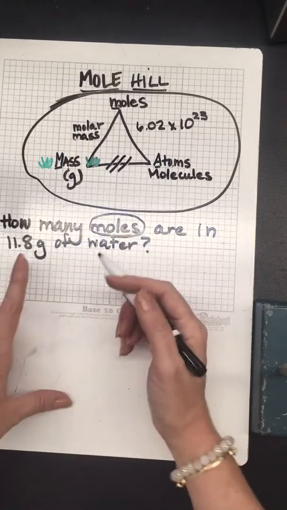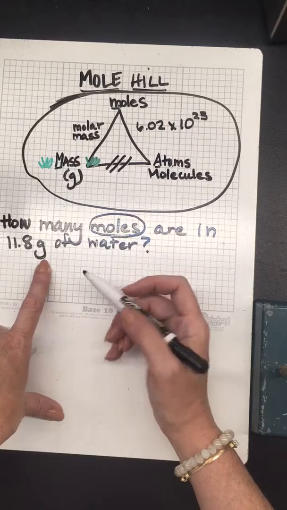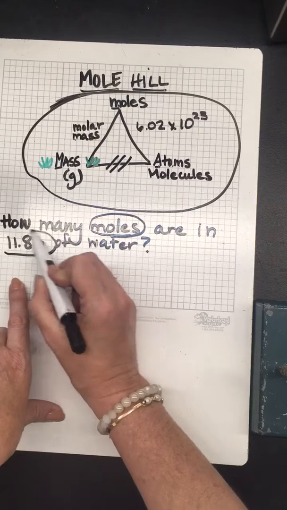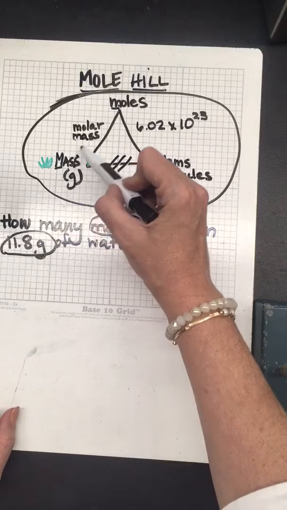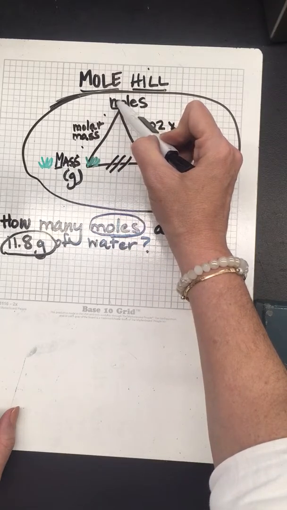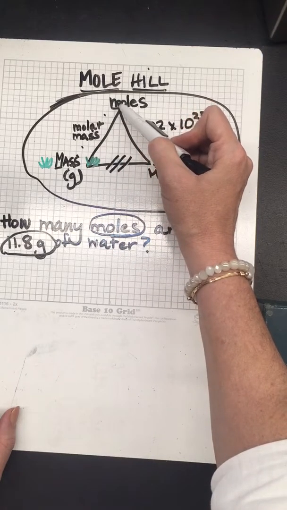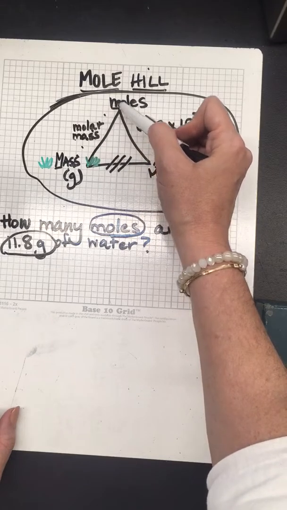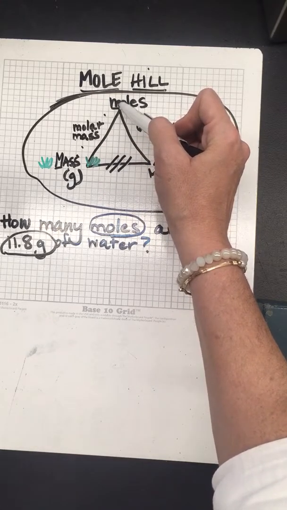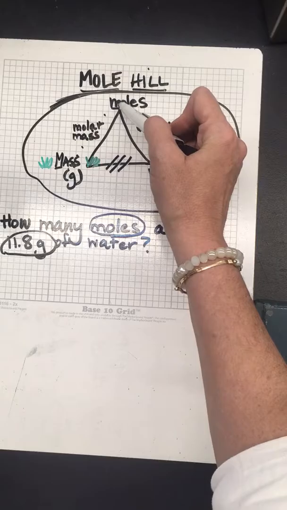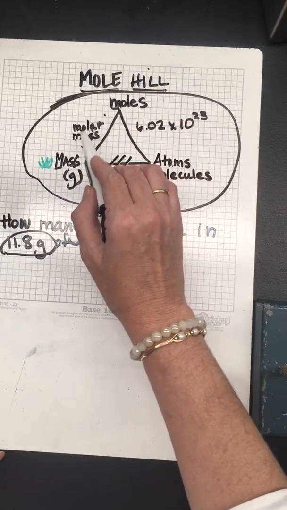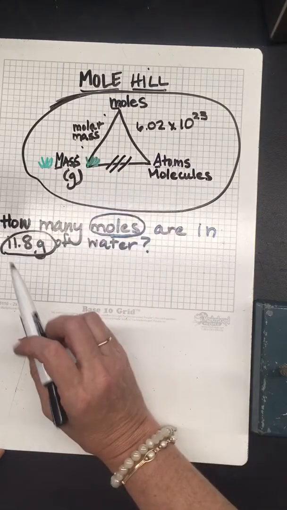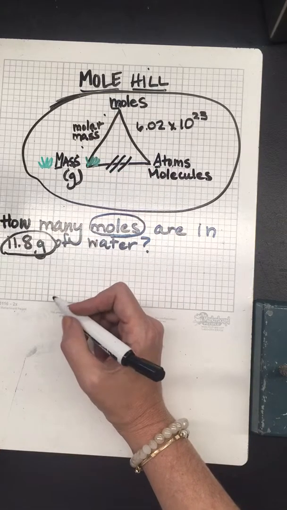Well, what's your starting point? Your starting point is grams. So I'm starting here in my triangle, and I'm going to moles. So that's a one-step problem. We have to go through molar mass to get there. We don't even need Avogadro's number for this problem. So at this point, we know where we are, we know where we're going, and we know what we need. And it just becomes a simple dimensional analysis problem.